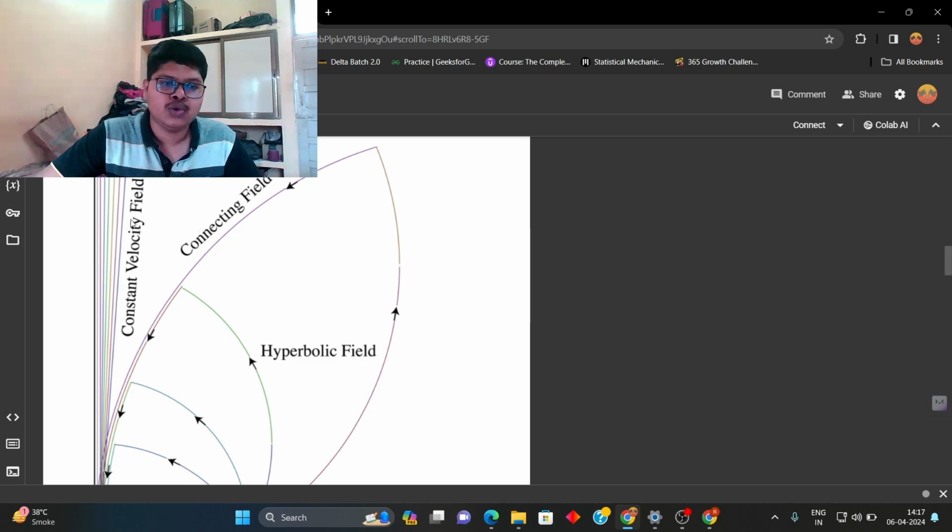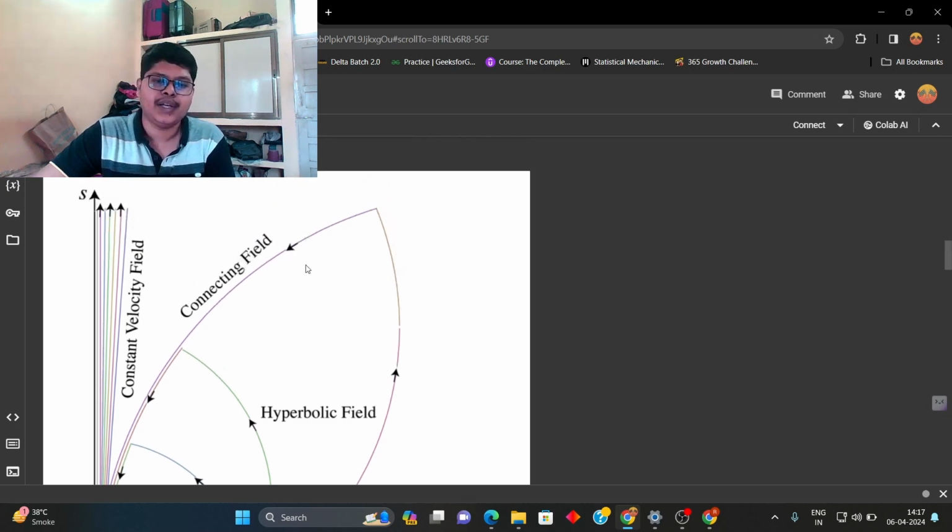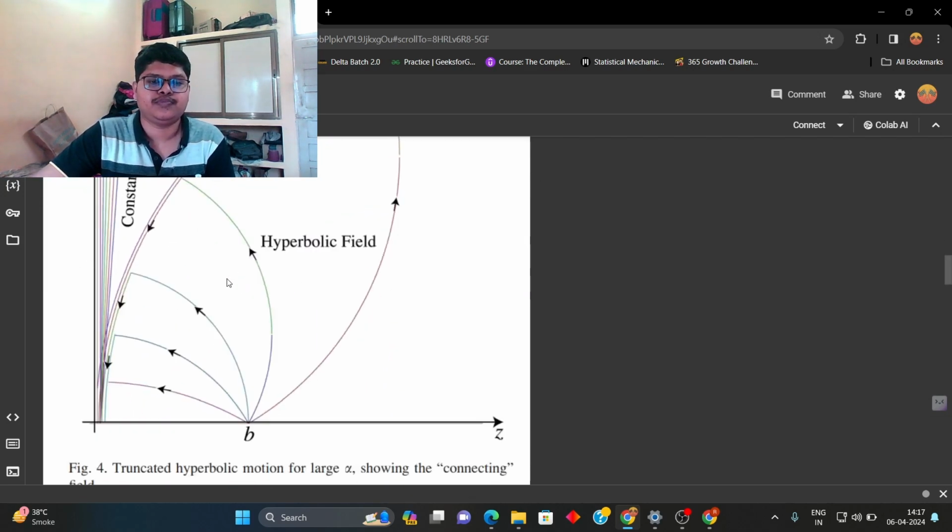So this is uniform and this is hyperbolic. The thin layer is what we are calling a connecting field, which is connecting these two types of motion.